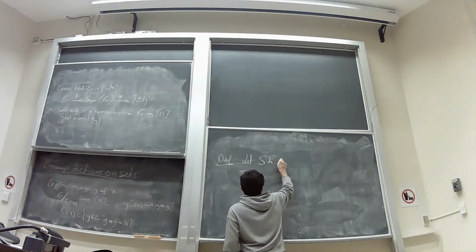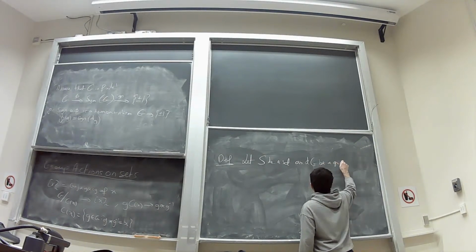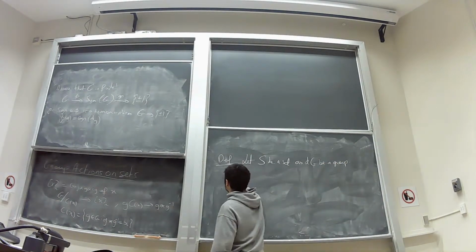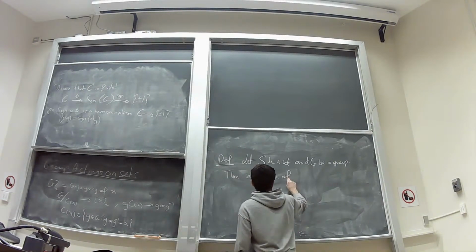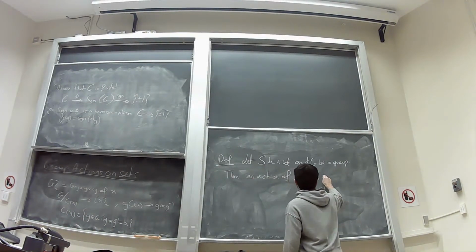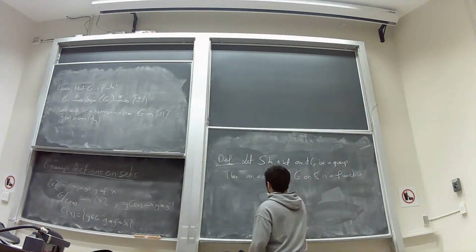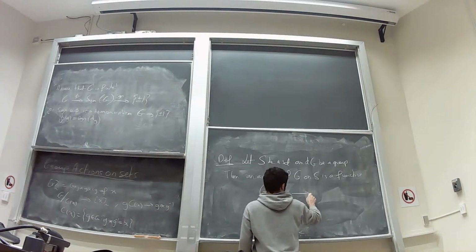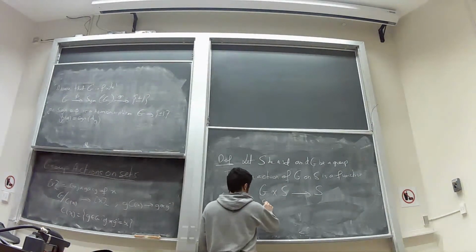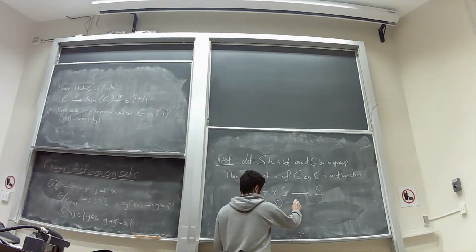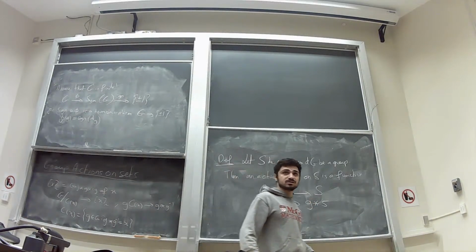Great. The definition. Let S be a set and G be a group. Then an action of G on S is a function G cross S to S that sends a pair (g, s) to g star s. I'll call this function star.